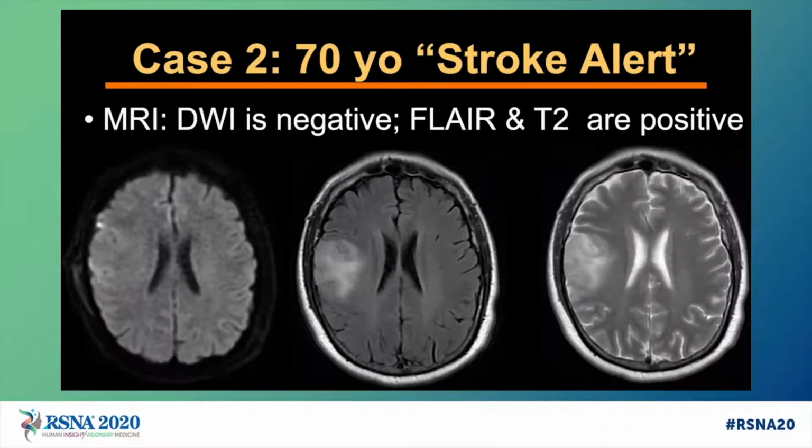We moved on to MR. The diffusion is negative, again showing that this is not an infarct. The FLAIR and T2 are positive. They show a good-sized lesion, but notice that that lesion has very, very little mass effect for its size, and that means that we're dealing with an infiltrative lesion.